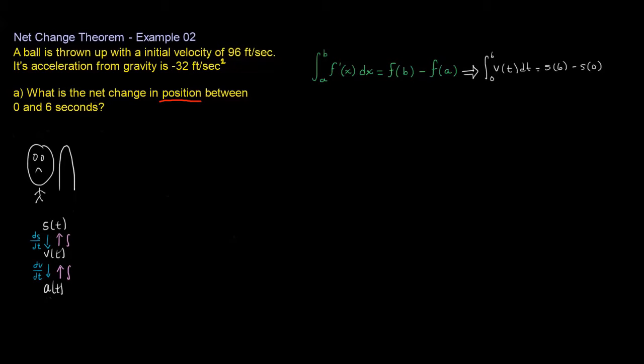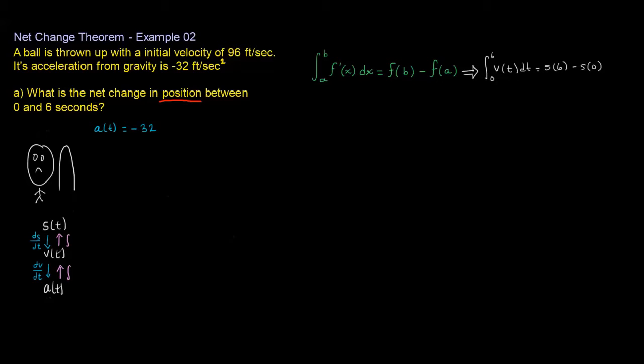Now the thing is, we have to look for what actually is this velocity. So let's look for it. From the previous example, we found that the function for acceleration with respect to time was actually a constant function, which was negative 32 feet per second squared.